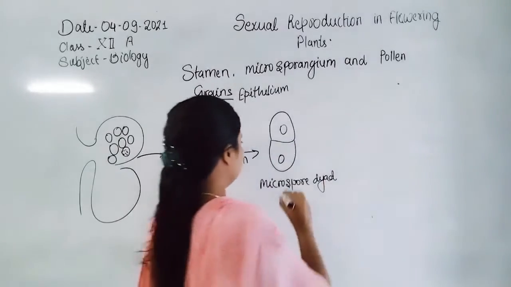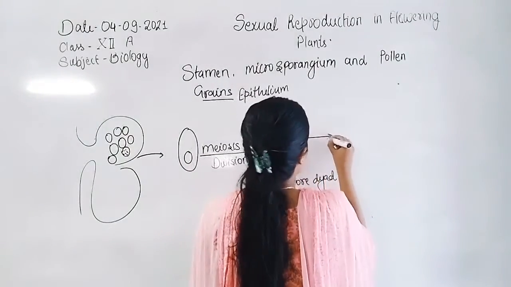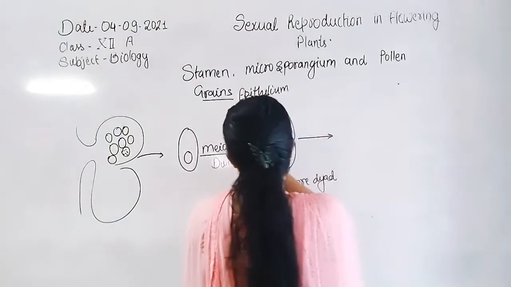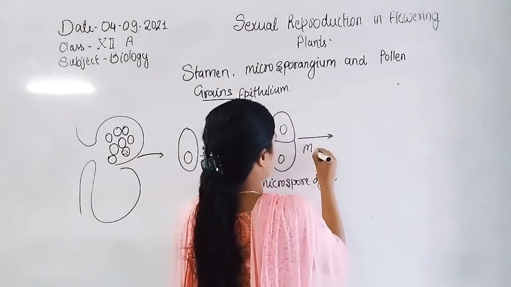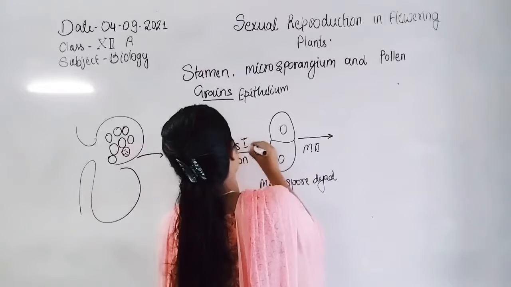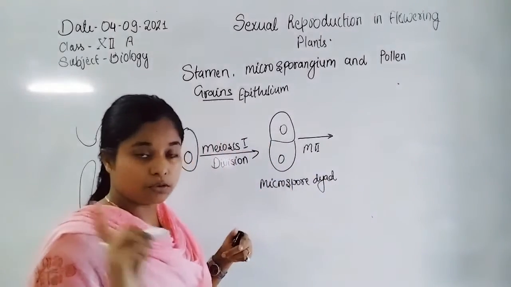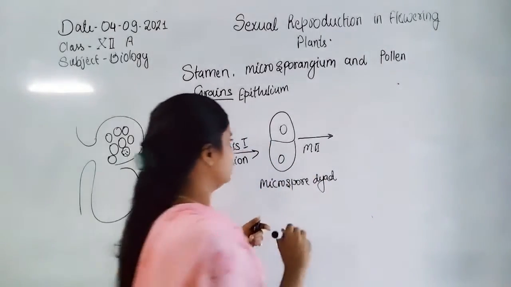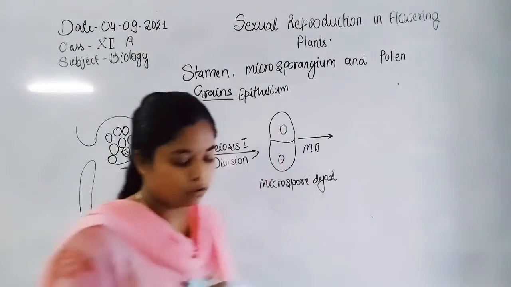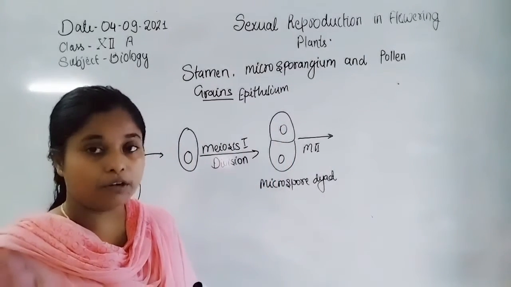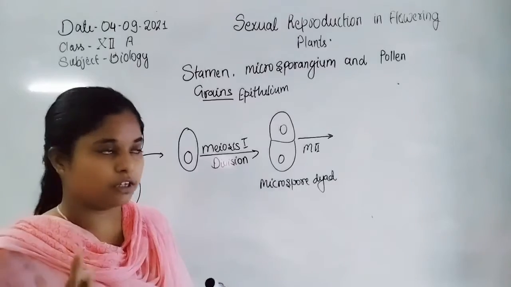Then after that they undergo meiosis again. Here is meiosis first and here is meiosis second. Overall it is only one meiosis, because as we know meiosis is a part of two divisions, meiosis one and meiosis two.